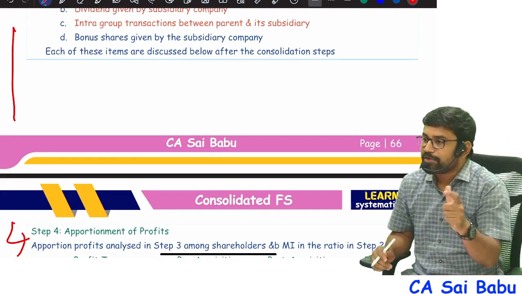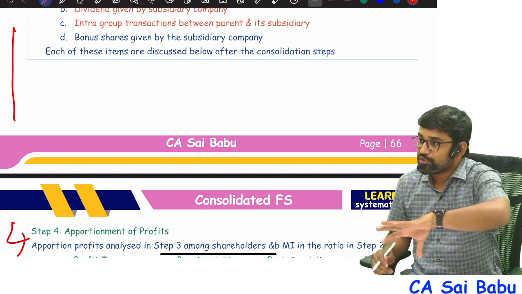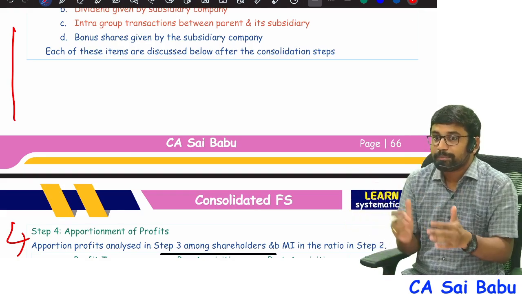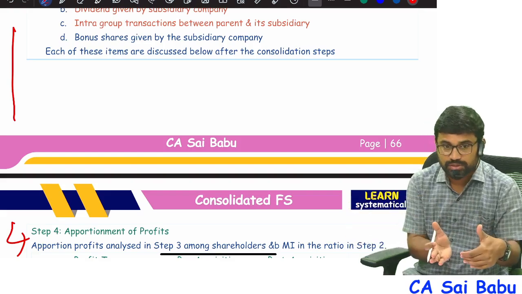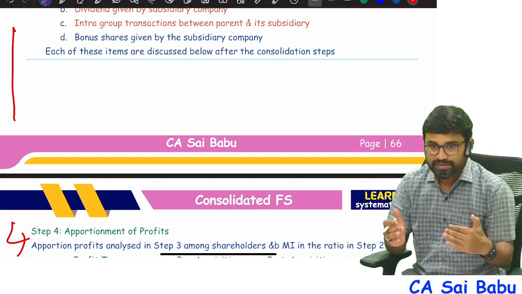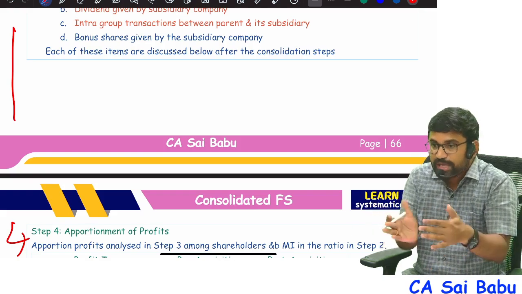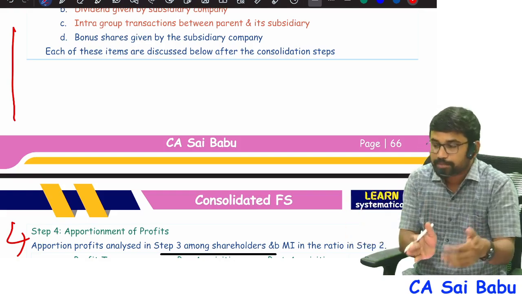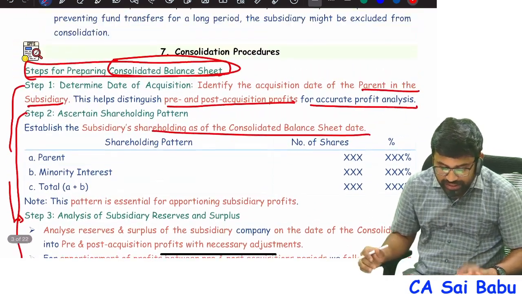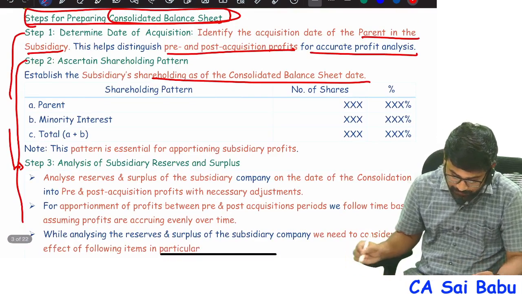In step number 4, the subsidiary company profits which you analyzed into pre and post will be apportioned between the subsidiary company shareholders. Who are the subsidiary company shareholders? Parent company, minority interest. So the subsidiary company reserves and surplus will be apportioned between the parent company and minority interest in the ratio of their percentage of holding. That's why in step number 2, we will determine the shareholding pattern.